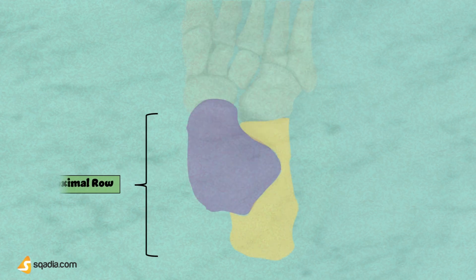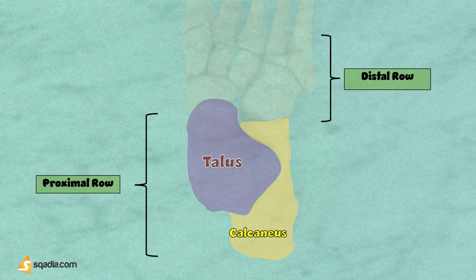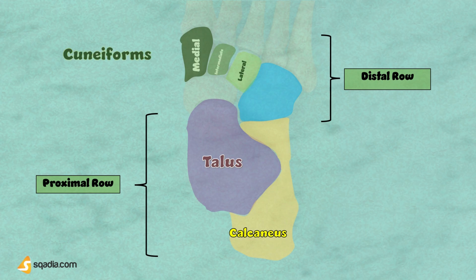The proximal row contains 2 tarsal bones. These are the talus and calcaneus bones. Together these form the heel area in the hindfoot. The distal row contains 4 bones in total. These bones are 3 cuneiform bones, the medial, intermediate, and lateral cuneiform, as well as the cuboid bone.